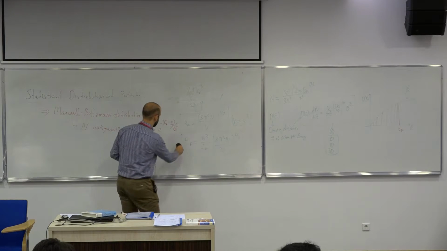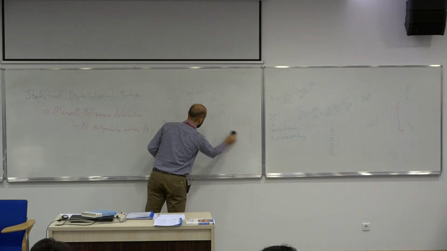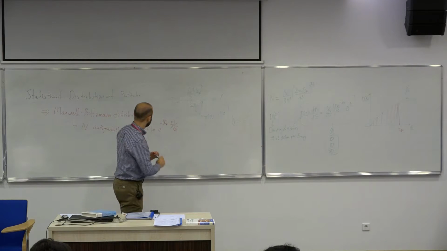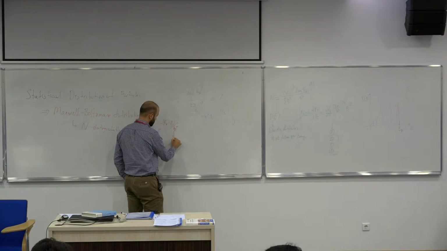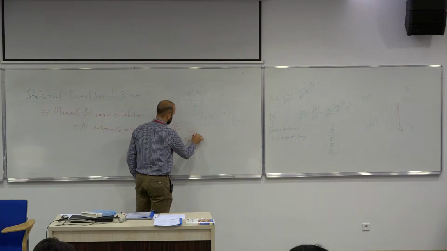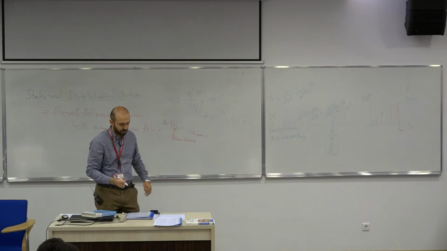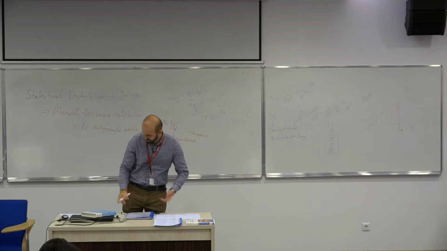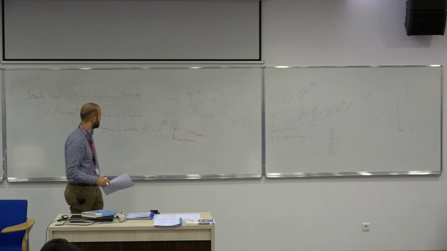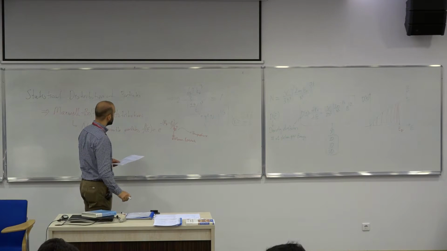Here, kB is the Boltzmann constant, and T is the temperature. This is the Fermi energy. Strictly speaking, it should be something called chemical potential, but it really doesn't matter in the case of solid state physics. Let's name it the Fermi energy.